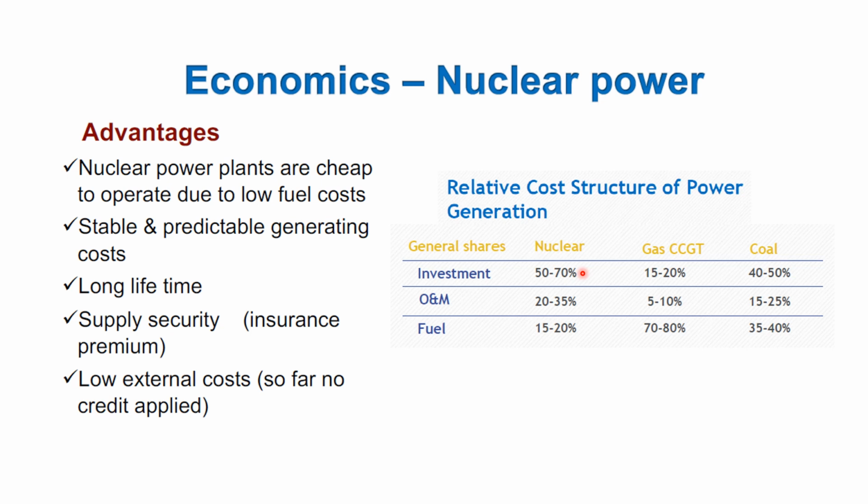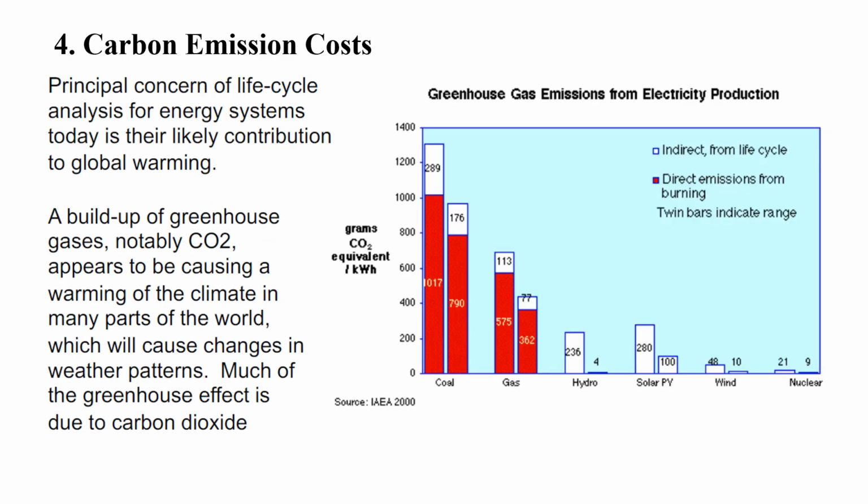So you really need a lot of investment in the beginning, but in the long run, you have a long lifetime for your power plants. And of course, it will be cheaper to operate than your coal and your gas. As you can see, the fuel is 15 to 20% only compared to the 35 to 40% operating cost in your coal.